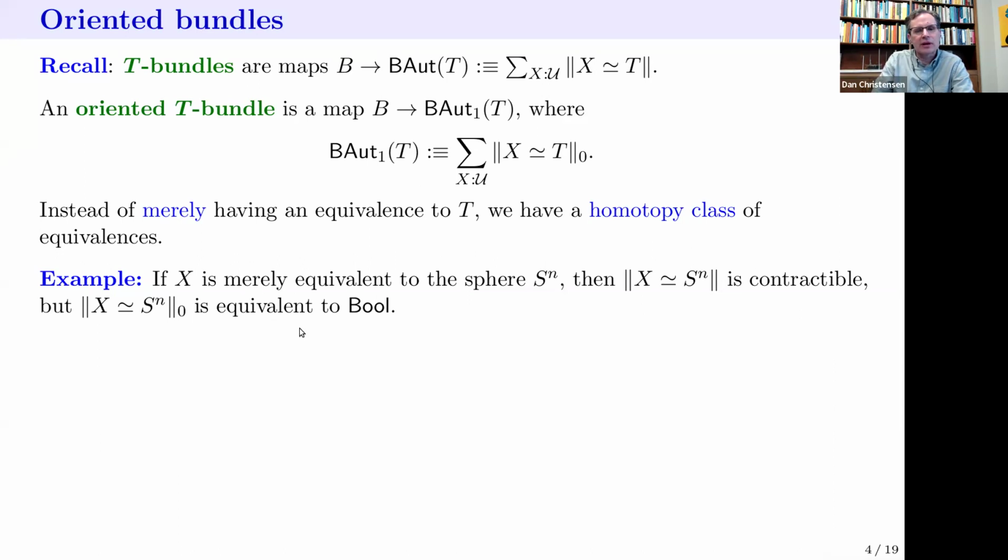And if I studied this one in the case of Bool, remember B Aut Bool was RP infinity. B Aut_1 of Bool turns out to be contractible because self-equivalences of Bool form a set. So the set truncation here doesn't do anything. I can remove it, and then I can change the equivalence to a path, and then I have a singleton here, which is contractible.